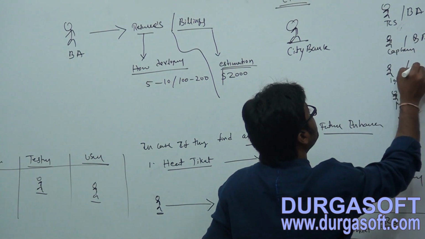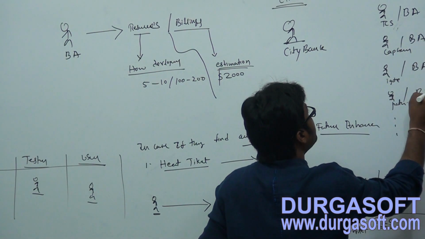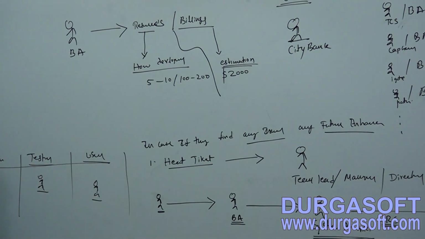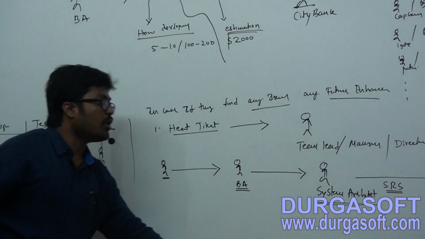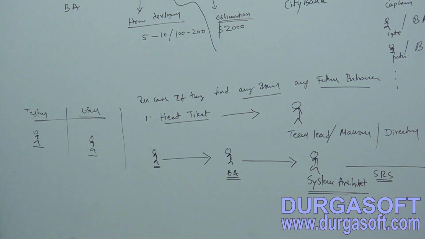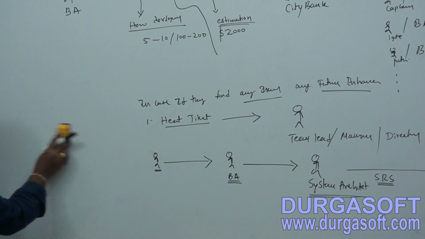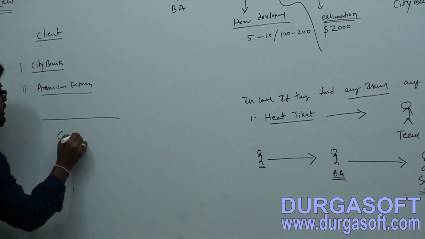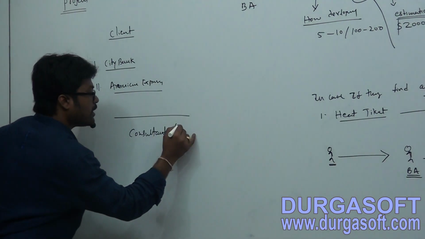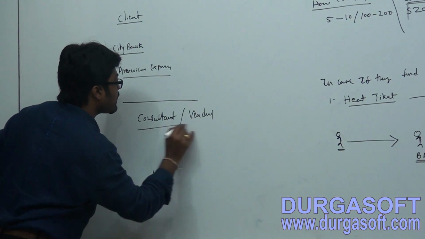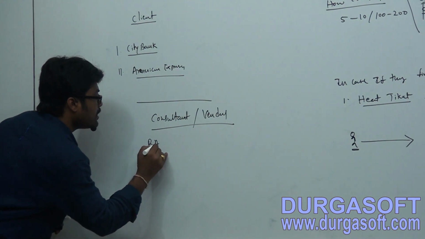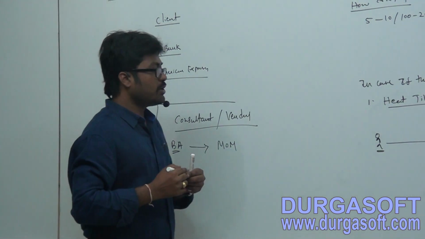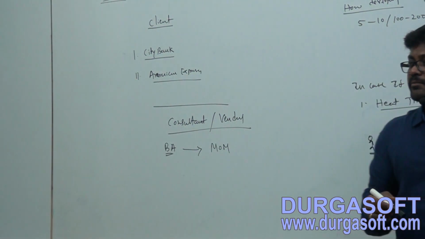That BA, the business analyst, needs to prepare one document after completion of that meeting. The vendor consultant BA needs to prepare one document from the consultant side: the minutes of meeting.